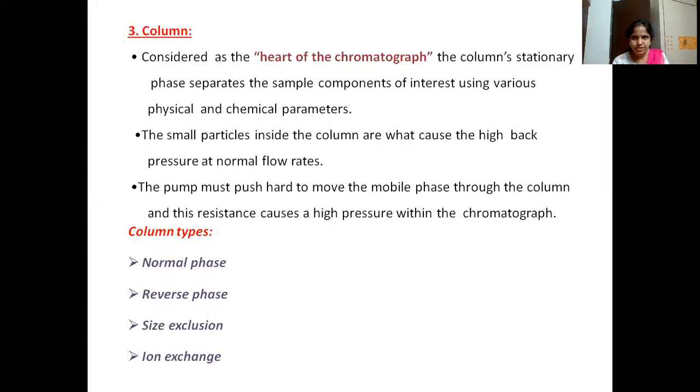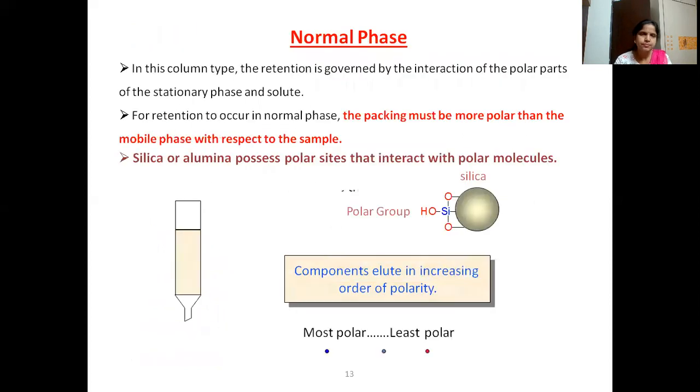What is the main difference between these 4? First we will see normal phase, which is very simple. We keep the stationary phase more polar and the mobile phase less polar when compared with the samples.